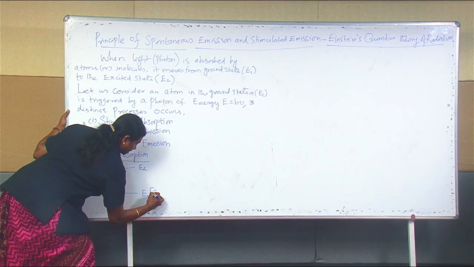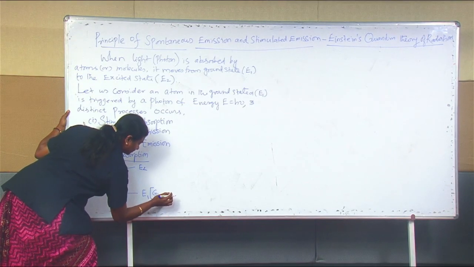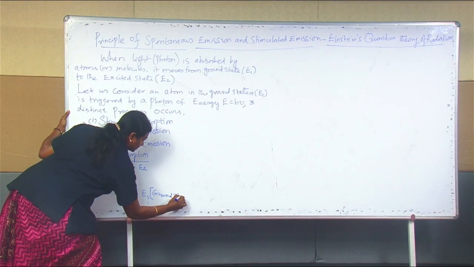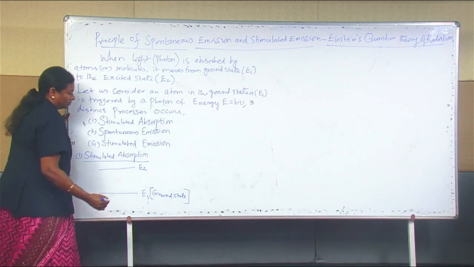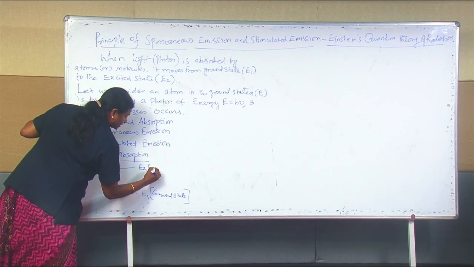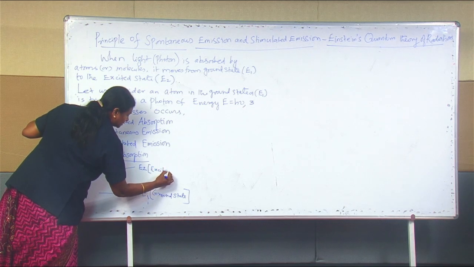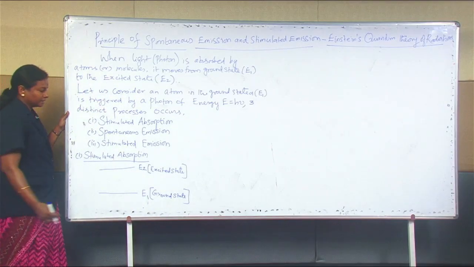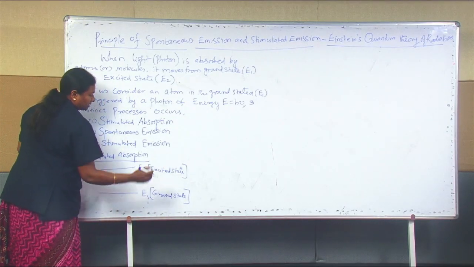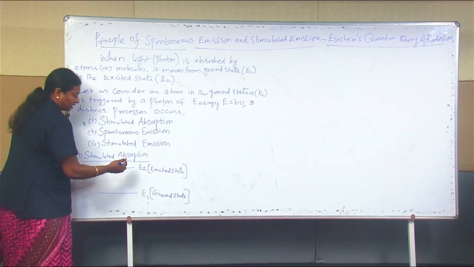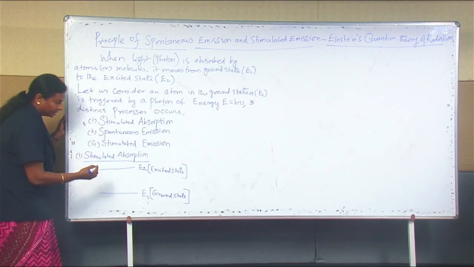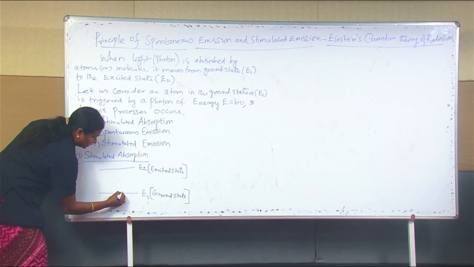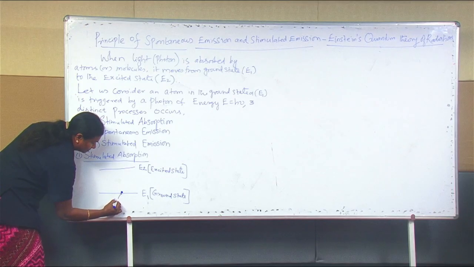E1 is nothing but our ground state. E2 is the excited state, or the higher energy state. Initially, I told you all the atoms are in the ground state. I am considering an atom.